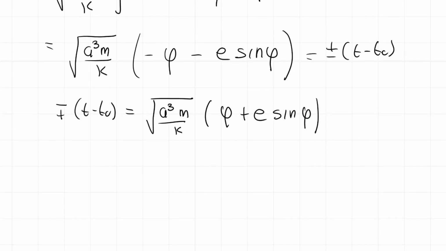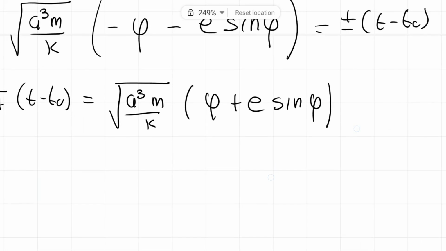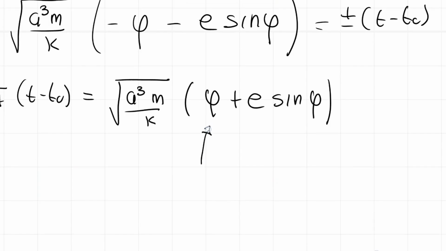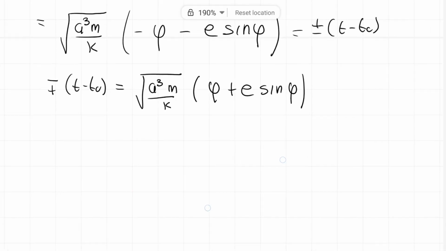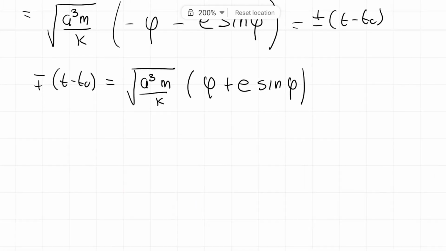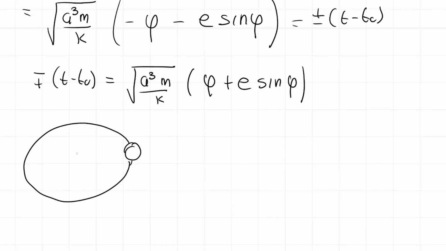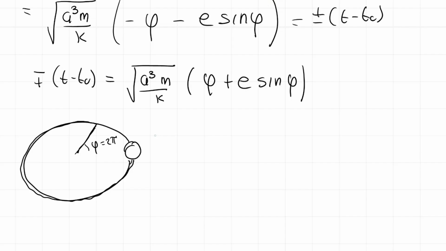In this case we need to notice that it's going to be very hard to solve this equation for phi, but what we can do is establish that if the Earth makes a whole turn around the Sun, it will be equivalent to say that phi takes the value of 2 pi, because it is a whole turn around the Sun, and that motion is going to be completed in a time which is the period of the motion, and we are going to name that period t.